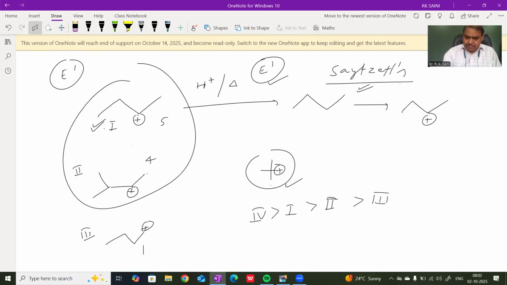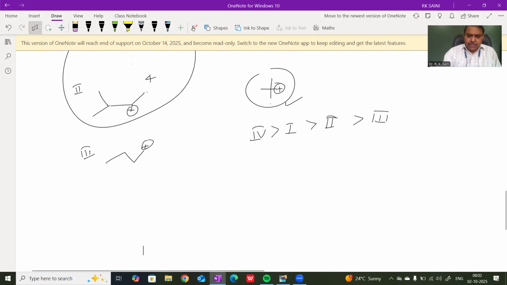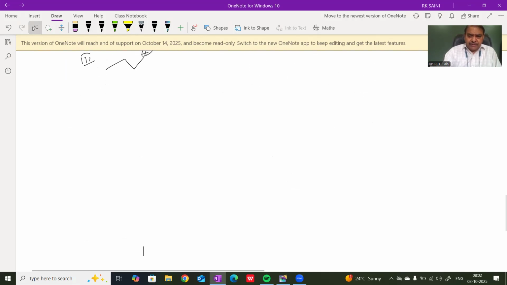Consider another question for dehydration of alcohols. Find the reactivity rate for the following alcohols toward E1 elimination or acid catalyzed dehydration.